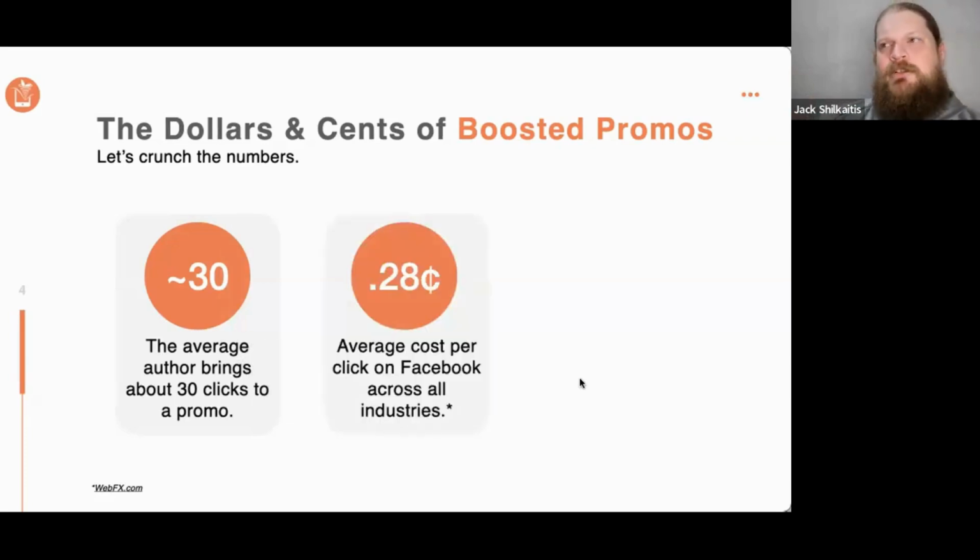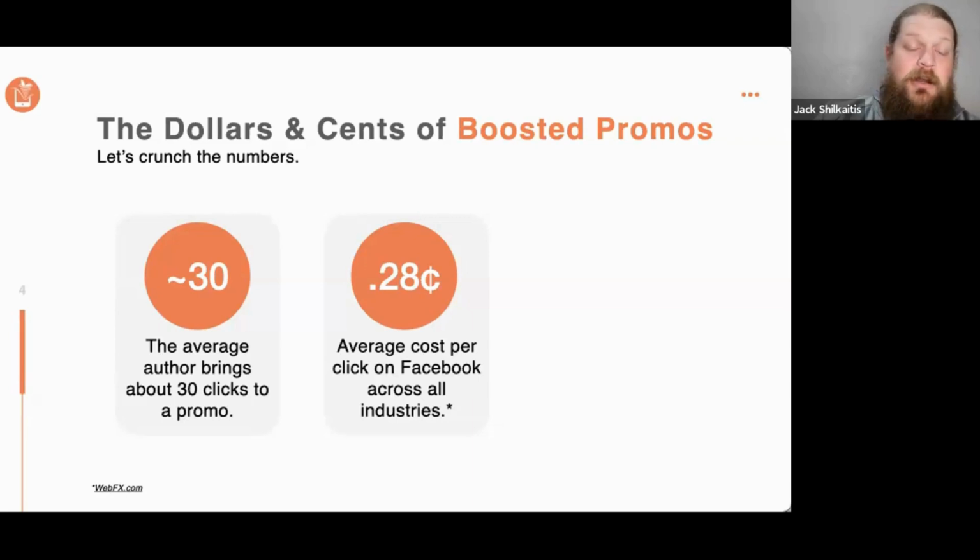So the average cost per click on Facebook across all industries is going to be about 28 cents. Now, in my experience, that is a little high. If you've gotten some practice in with Facebook ads, even with a little bit of experience, a little bit of tweaking over some time, you can probably get really close to cutting that in half, under 20 cents per click.